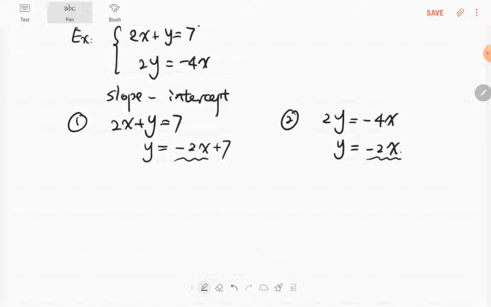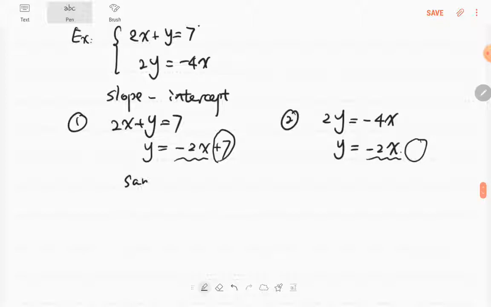That's why we need to transfer them to the slope-intercept form, because it's easy to find if they have the same slope or not. So for these two equations, they have exactly the same slope but different y-intercept, right?